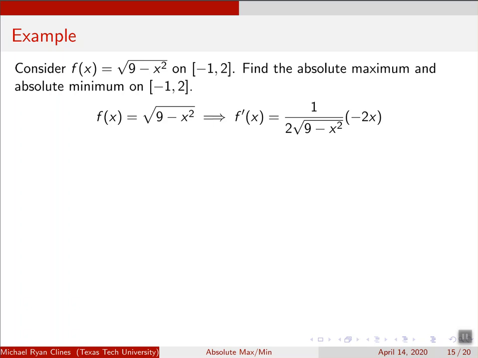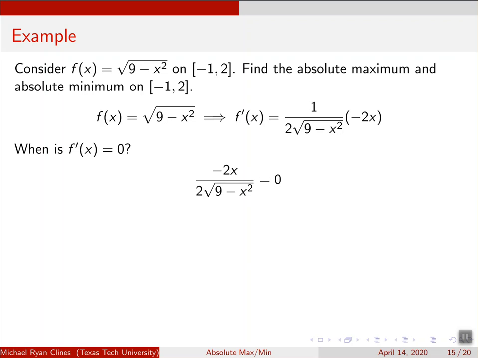Now we need to ask ourselves the following question. When is this derivative equal to 0? Because remember, critical points occur at 2 places, where the derivative is equal to 0 or the derivative does not exist. First thing we're going to check, where is the derivative equal to 0? To do that, set the derivative equal to 0, and then we're going to solve for x.